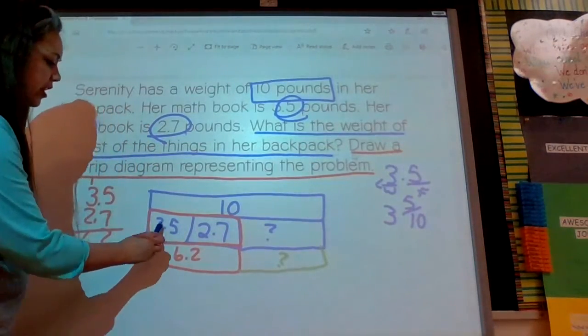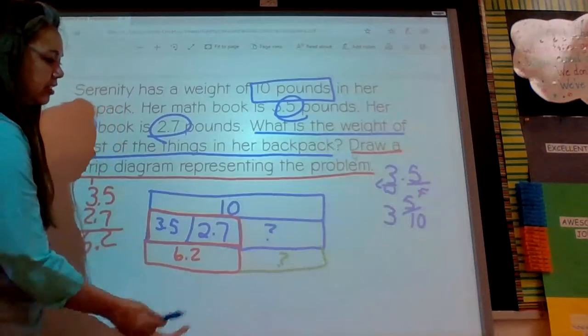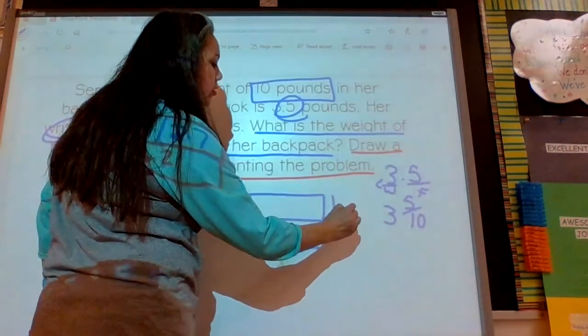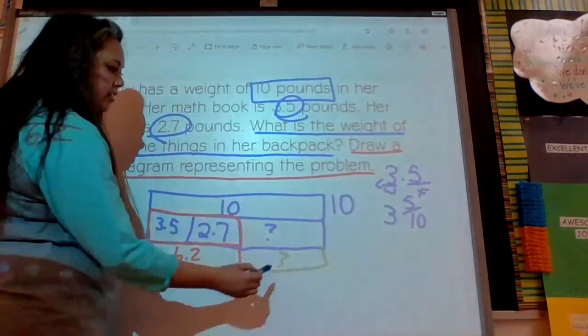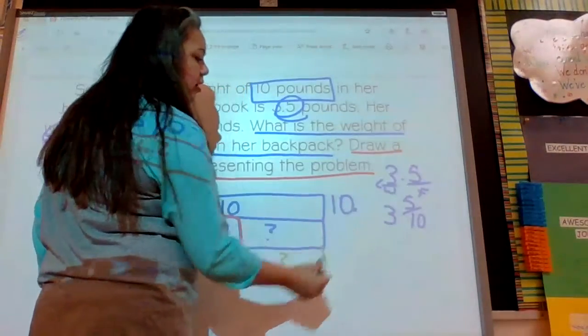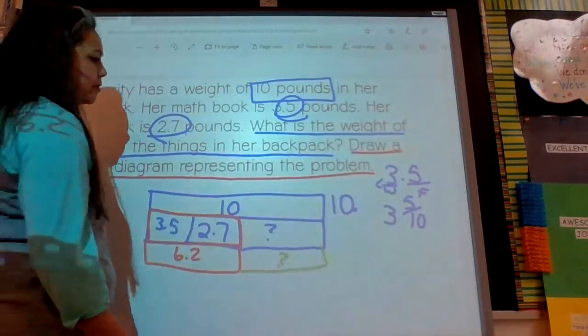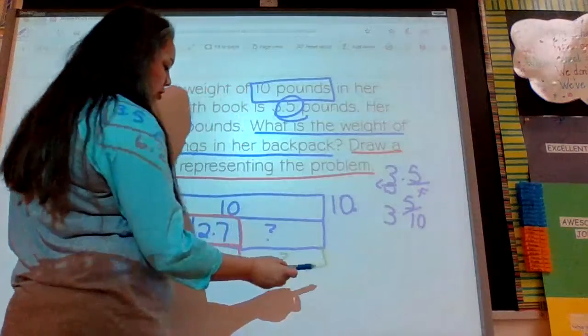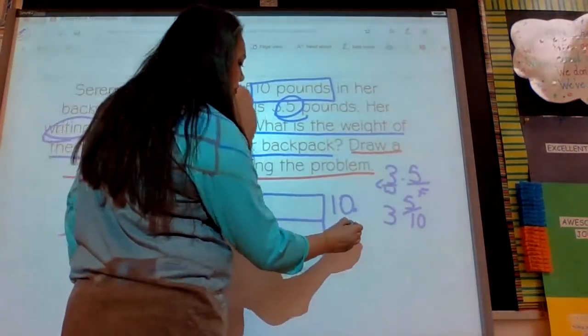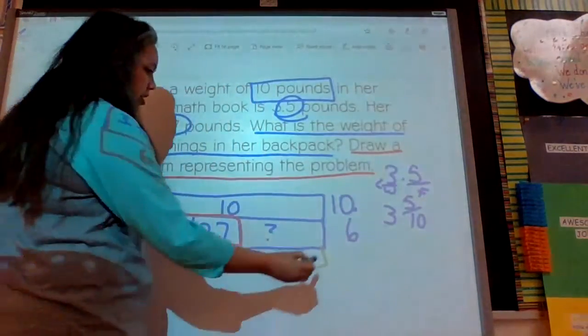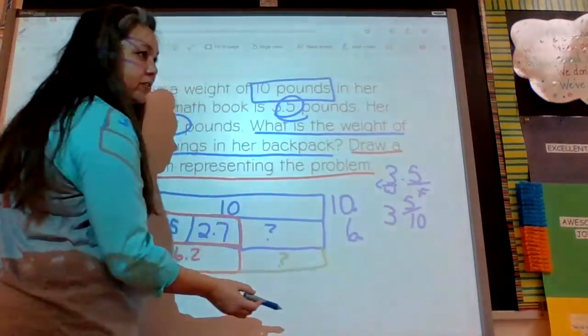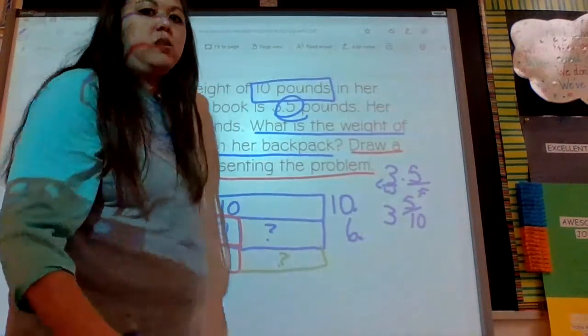Well, if I know these two things added together are 6 2/10, then I'm going to subtract 6 2/10. But oh my goodness, if you don't put that decimal, you are not going to line them up right and you will miss it. So let's not do that. Let's put our decimal. If the decimal is out of sight, it's on the right.